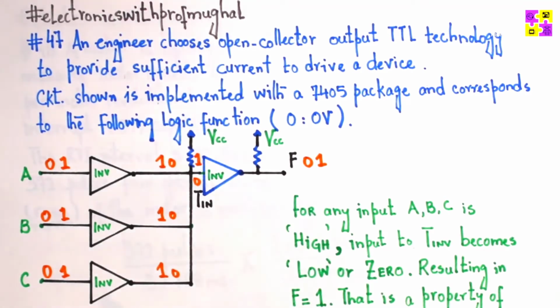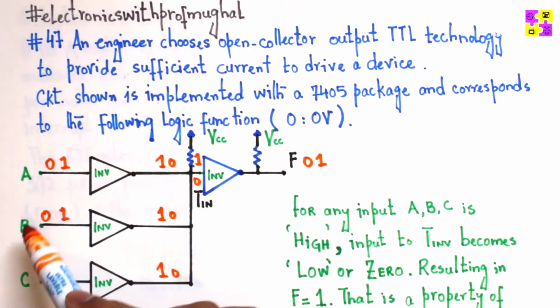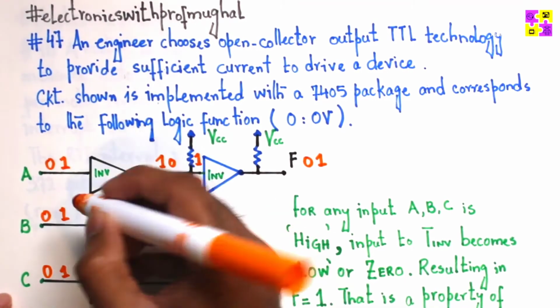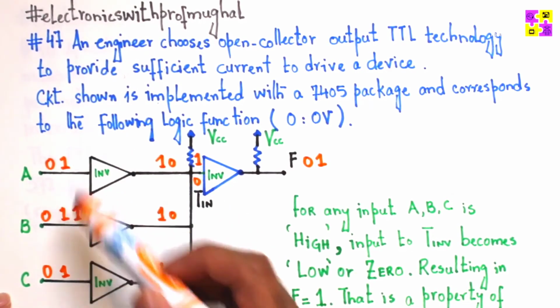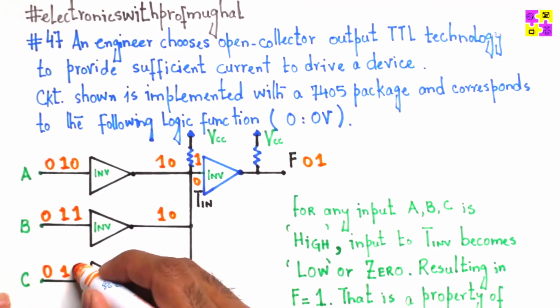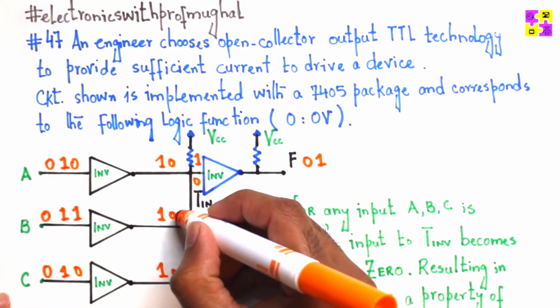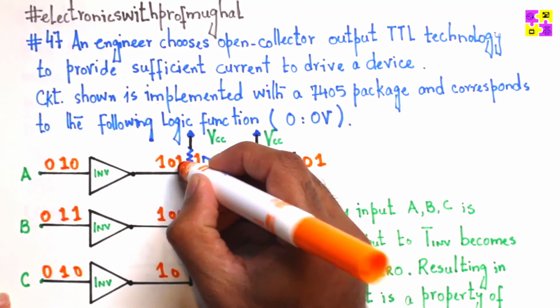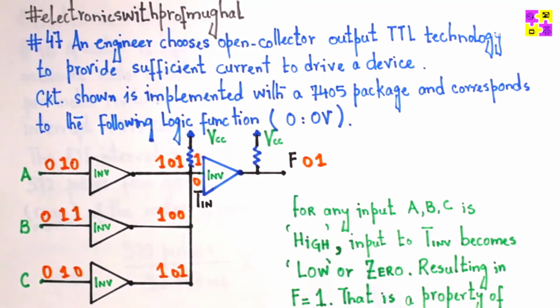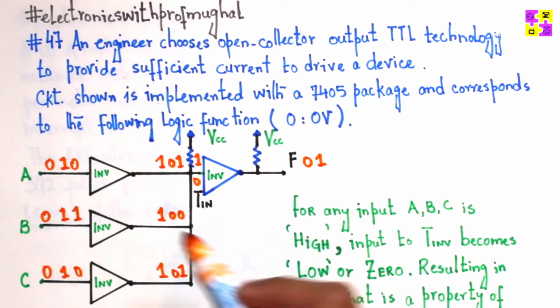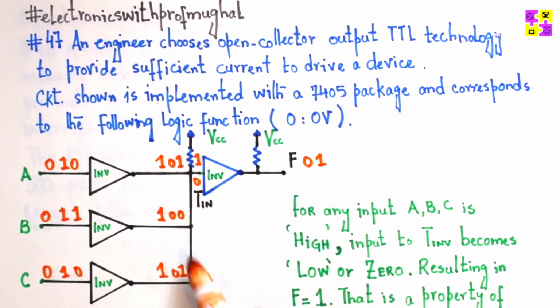But if any of the inputs A, B, and C is 1, and say the other 2 are 0, right? So we basically get 0 here, and you get 1 here, and you get 1 here. Now we have voltages of unequal magnitude, because you may get 0 volt here, but you get 5 volt and 5 volt here, right?